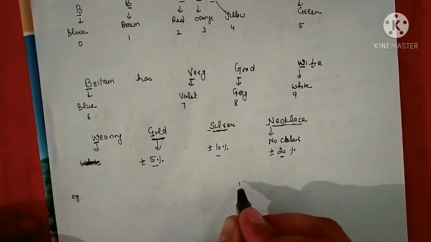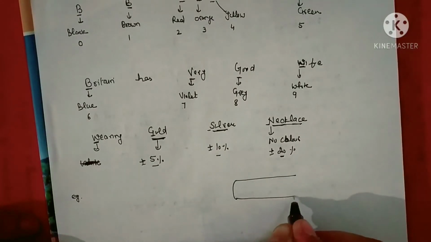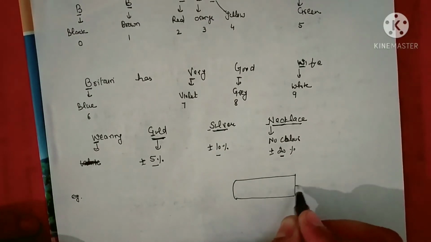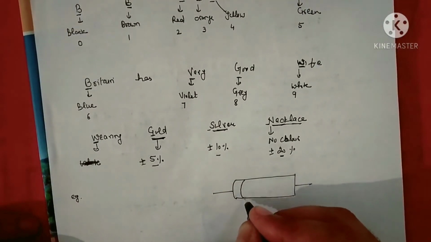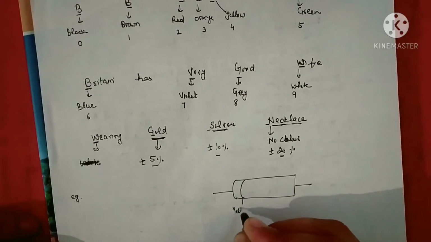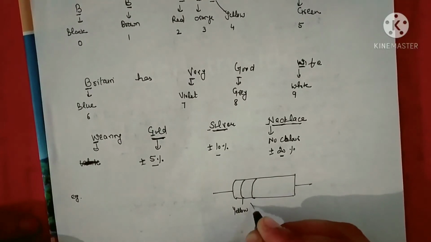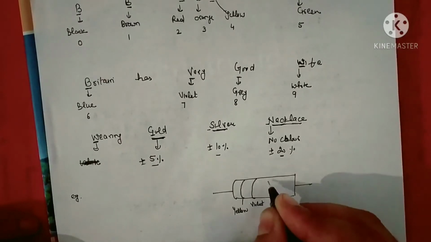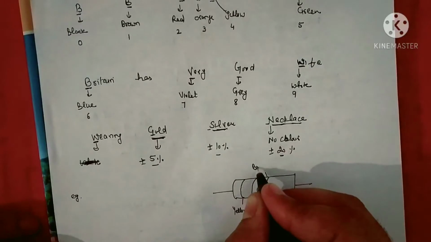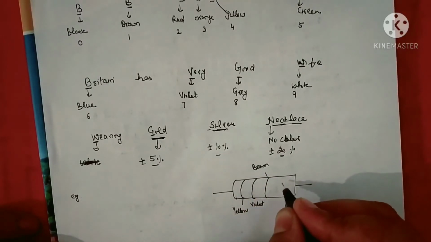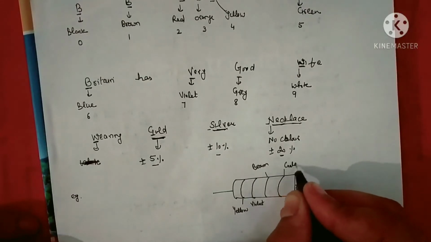For example, suppose we have a carbon resistor, and on the carbon resistor there are 4 bands. First one is of yellow, second is of violet, third is of brown, and fourth, let it be gold.